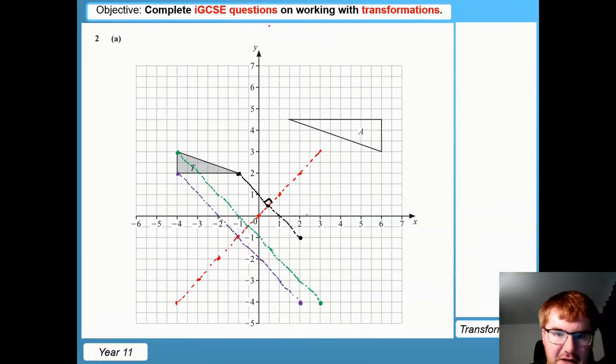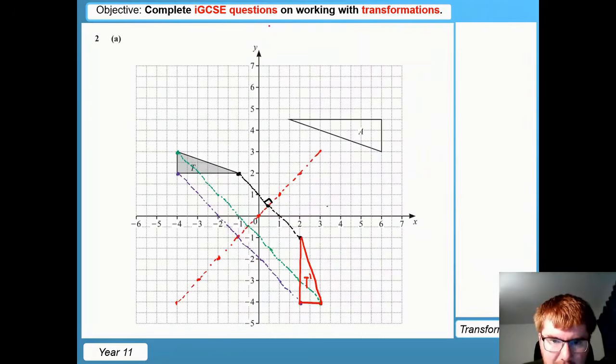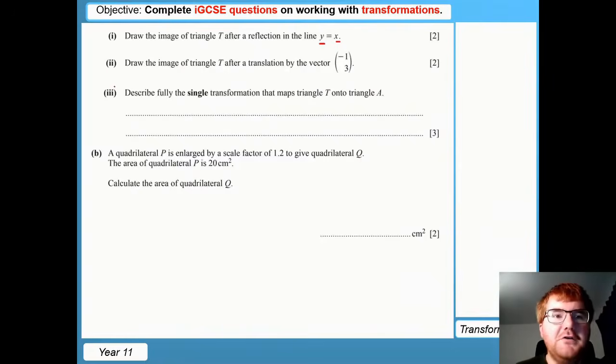And now I'm just going to put my shape into red so I connect up all these points to give myself the triangle that I'm looking for. Again, I'm going to call this T dash to indicate that this is the image that I was looking for in this question. If you check the mark scheme, you see you get 2, minus 1, 2, minus 4, and 3, minus 4, which lines up with what we got there. Okay, and on to part 2 here.